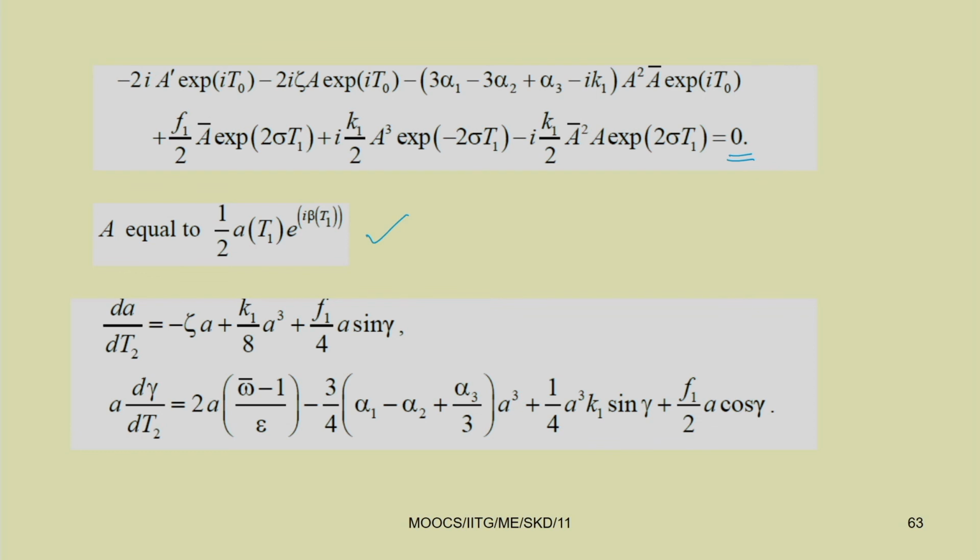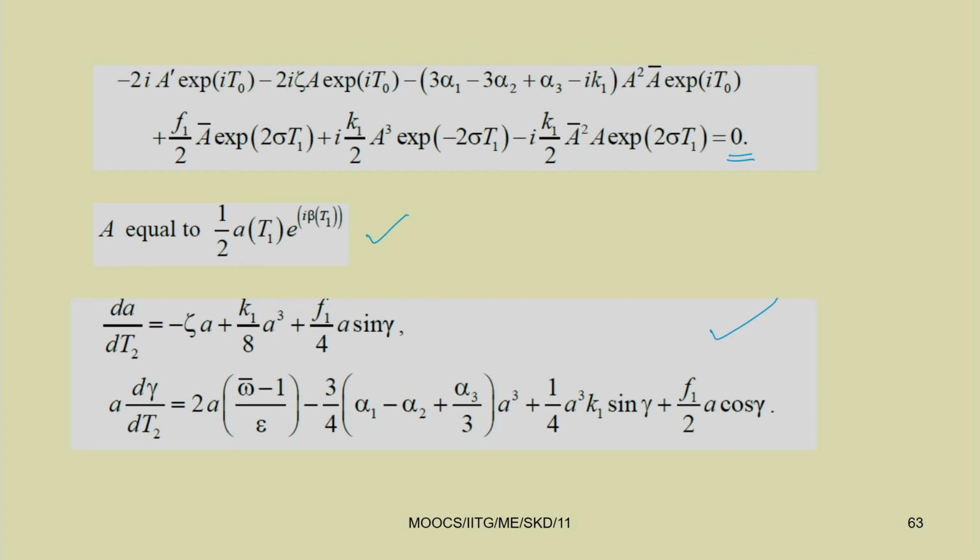Here a and beta are functions of t1. By separating the real and imaginary terms, we can write dA by dt2 equal to minus zeta a k1 by 8 a q plus f1 by 4 a sin gamma.